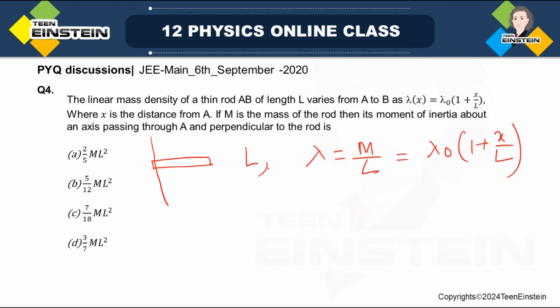Okay, now if you want to find out, say the mass m of the rod, then its moment of inertia about an axis passing through A. So this is A, this is B. This is where the axis passes through A and perpendicular to the length of the rod. So you know normally what we do, integration dm into x square.